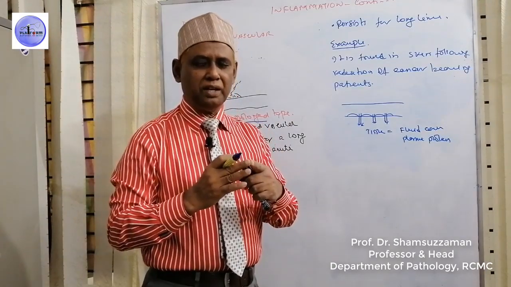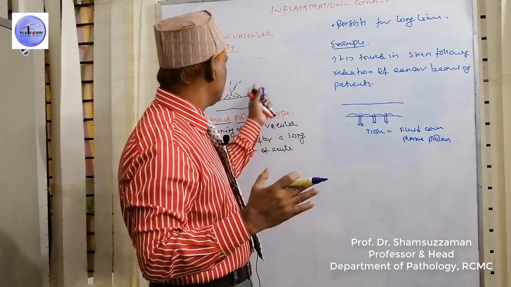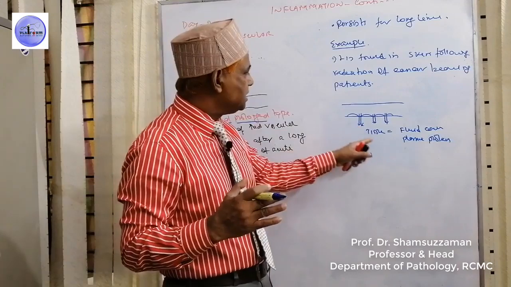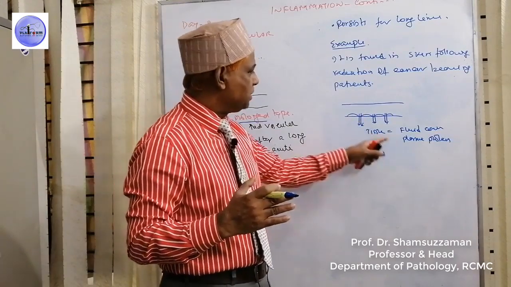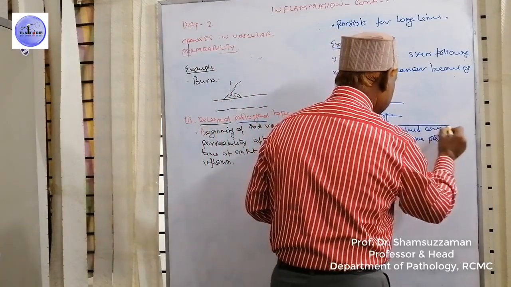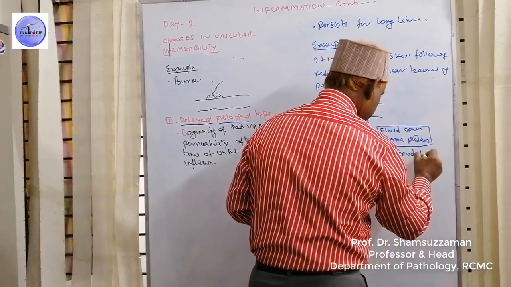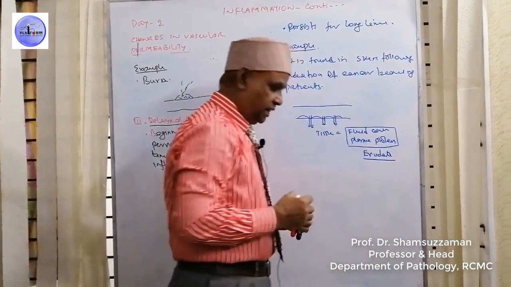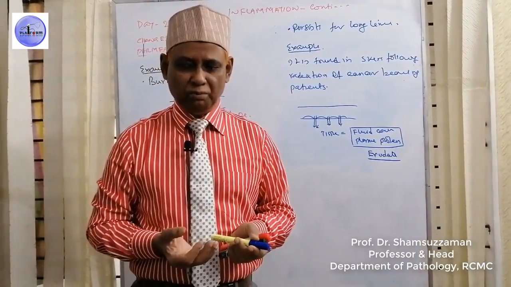As the gap between endothelial cells is increased due to any sort of cause, there is increased vascular permeability, and through the increased gap, plasma protein comes out. This is called exudate. And this exudate in the tissue makes tissue swelling in acute inflammation.